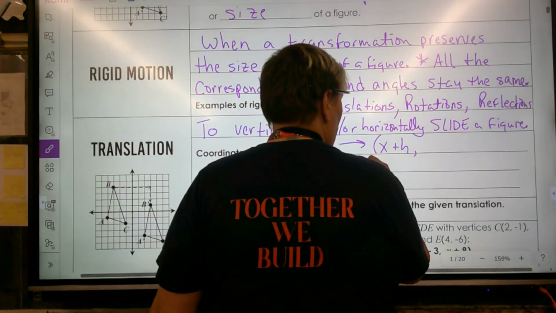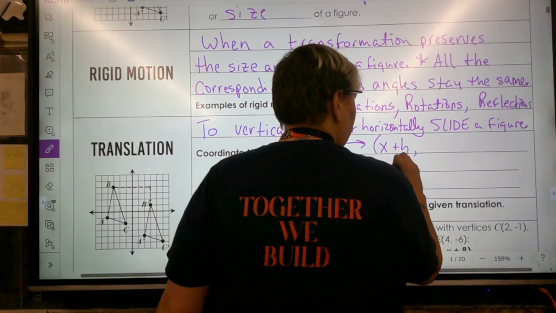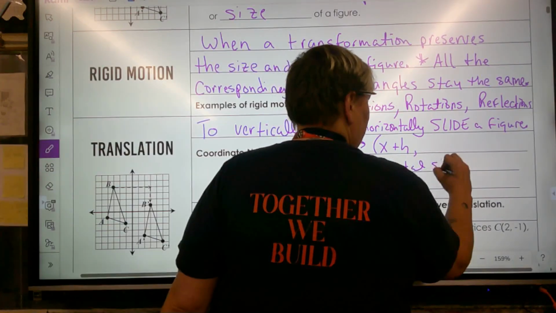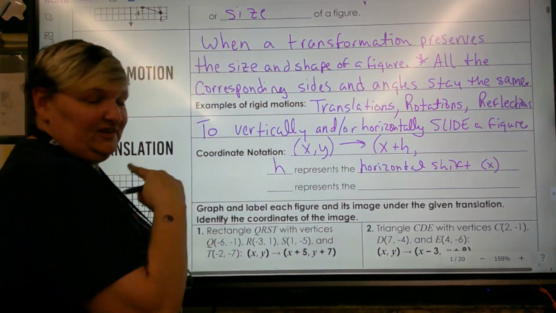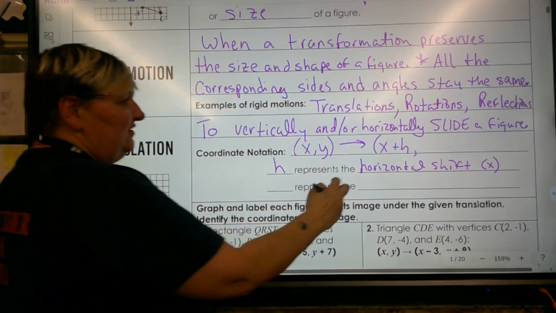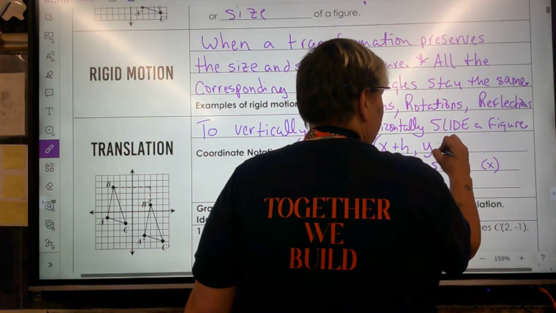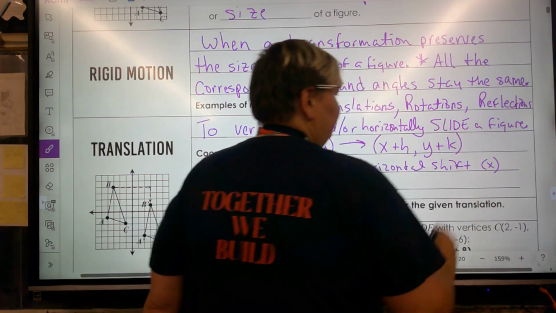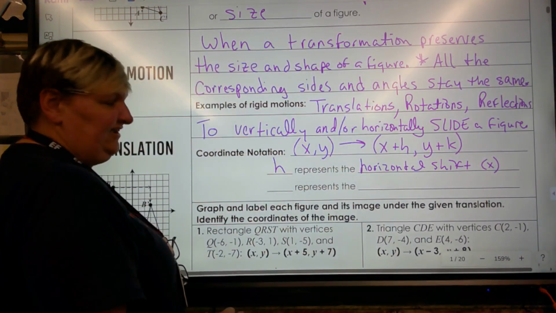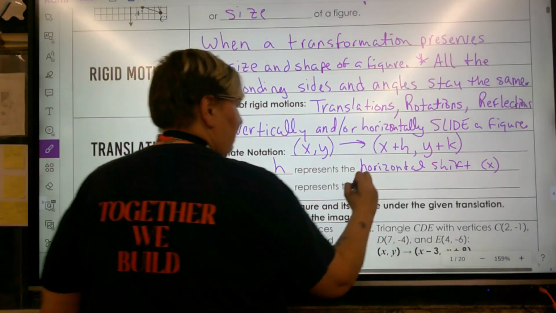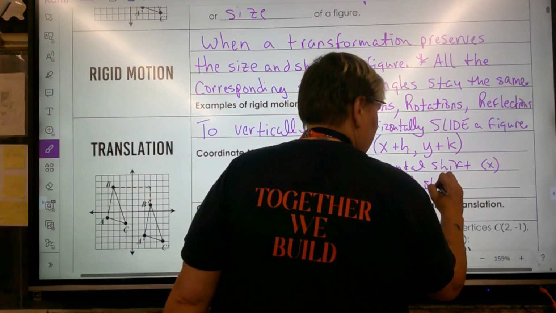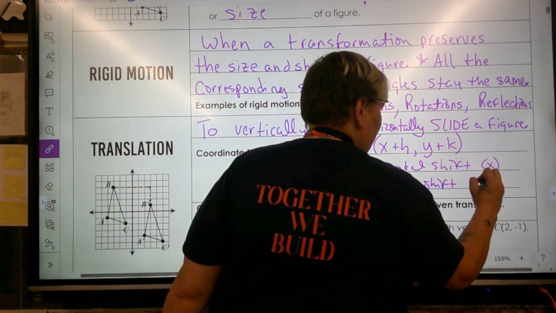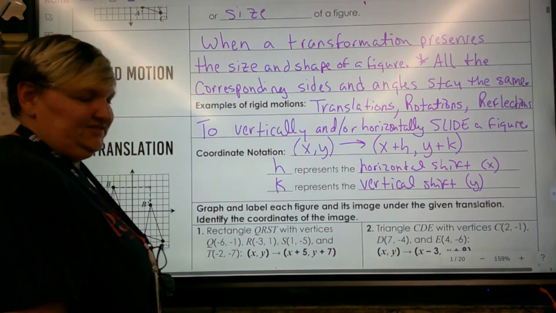H represents the horizontal shift. The shift on your x-axis, right? That's your left and right. And then plus or minus your k on your y-axis. Your k represents your vertical shift, and that's on your up and down on your y-axis.